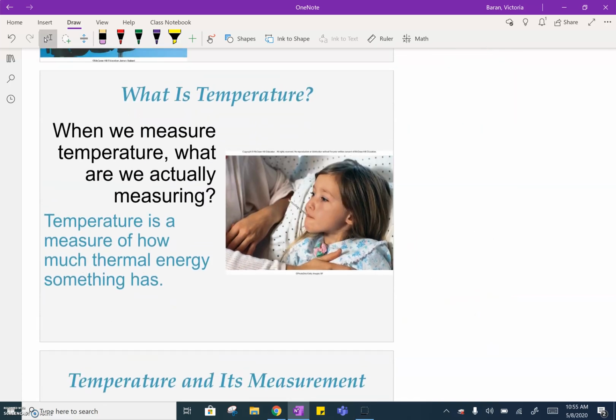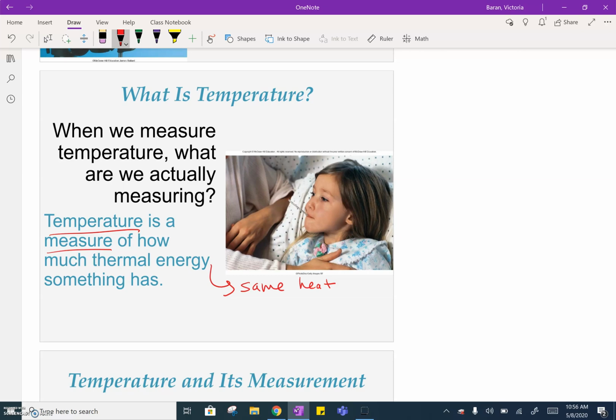So let's talk about the differences between temperature and heat. So temperature is how we measure how much thermal energy something has. Now, thermal energy, this is essentially the same thing as saying heat. It's just a little bit more of the proper term. There are many different types of energy.